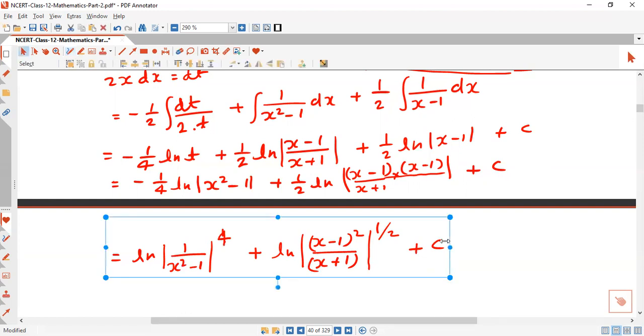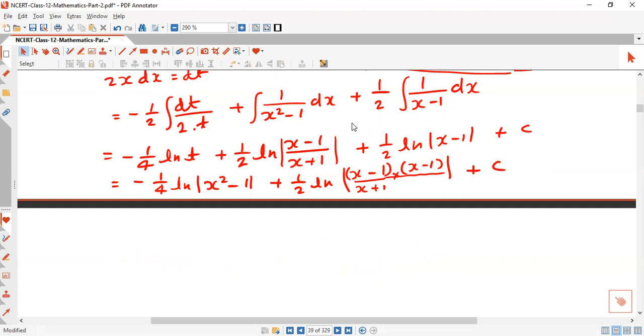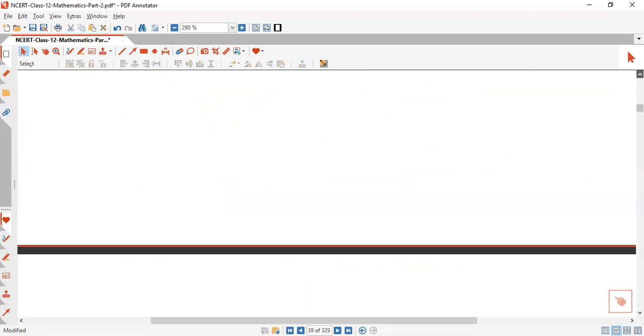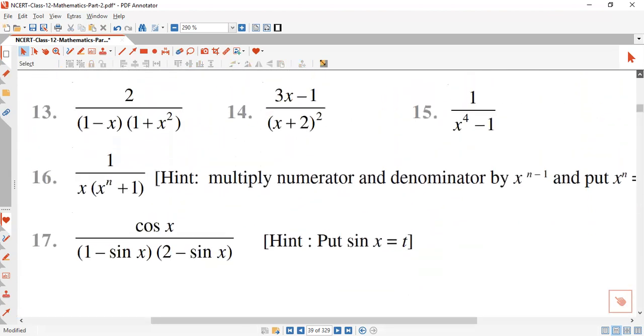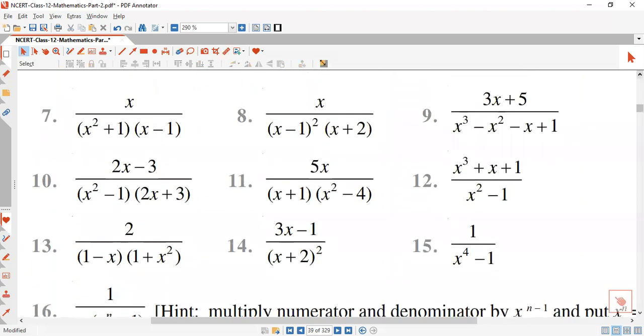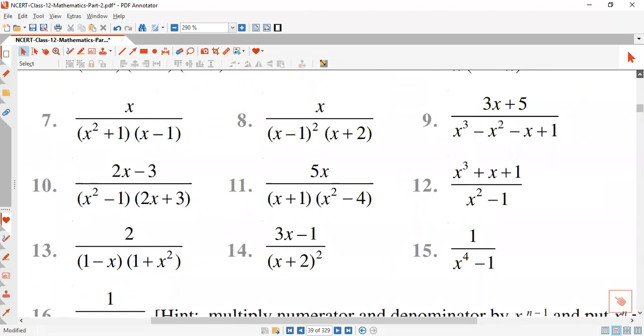So this is the end of your question. So maybe I like to combine all the log terms, or may not be. It's all our choice. So we have done this question number 7 basically.